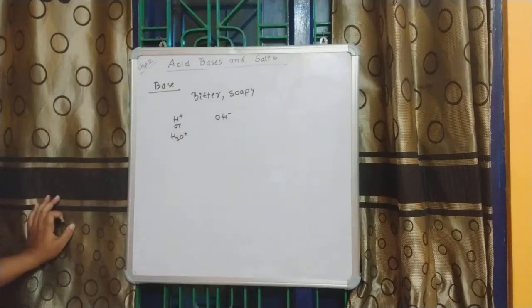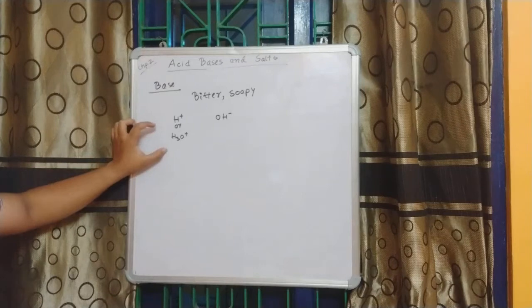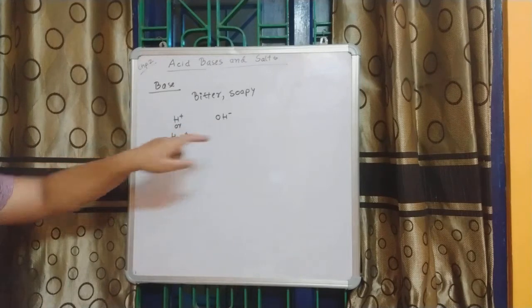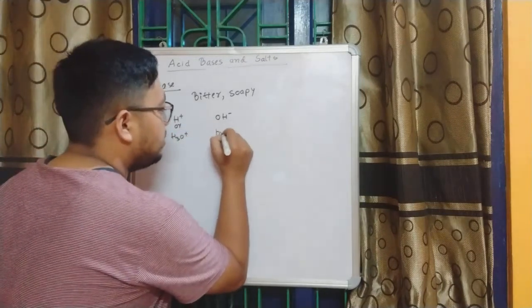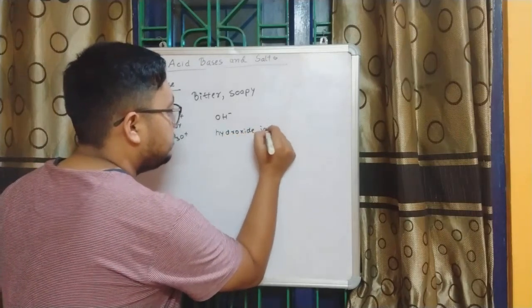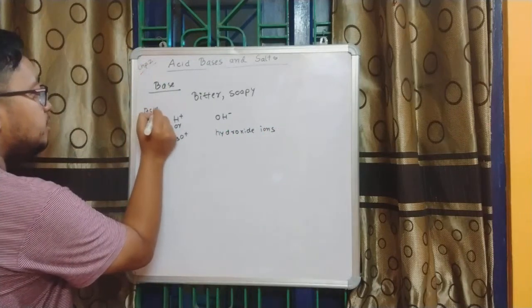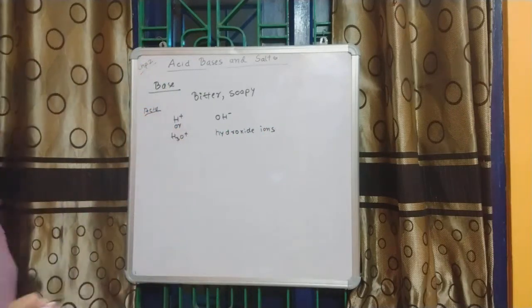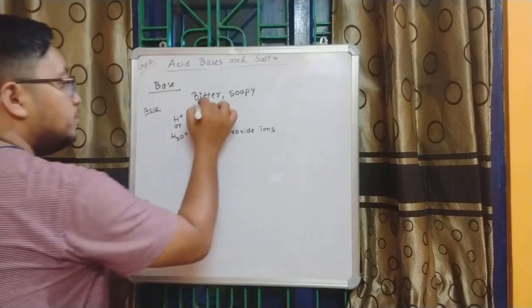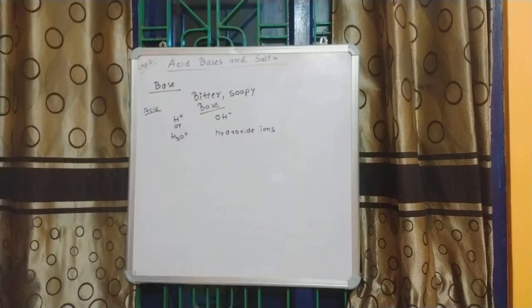So acids contain H plus proton or hydronium ion, whereas bases contain OH minus or hydroxide ions.